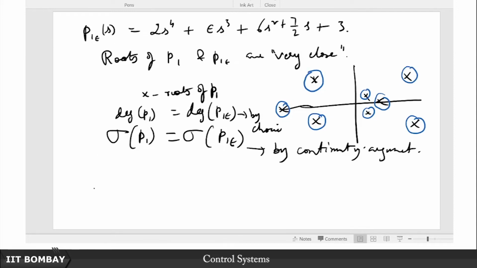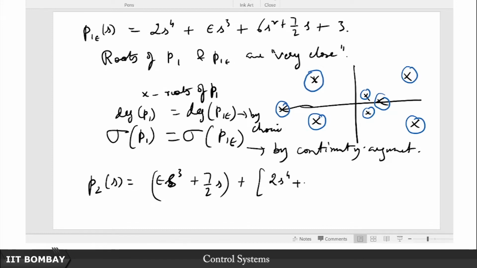So at the next stage I am going to say that P2 I can obtain as, of course, I am going to retain this epsilon s cubed plus 7 by 2 s, the odd part, and the even part is 2s to the 4 plus 6s squared plus 3.